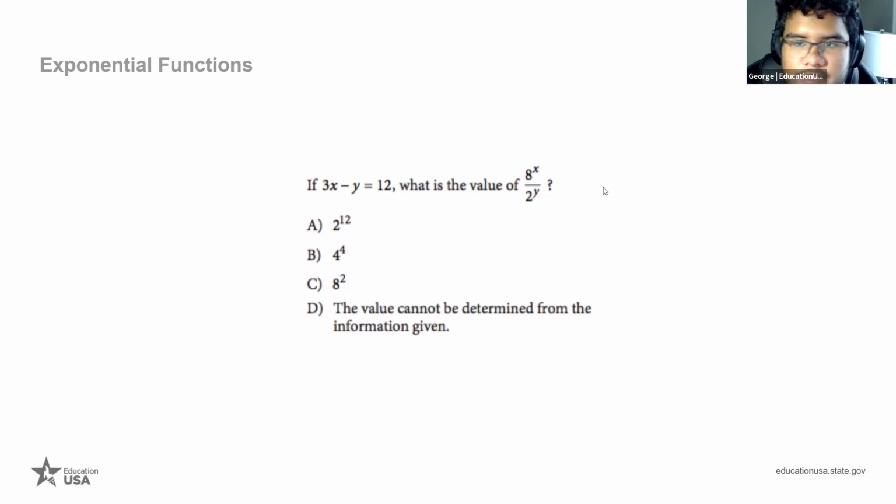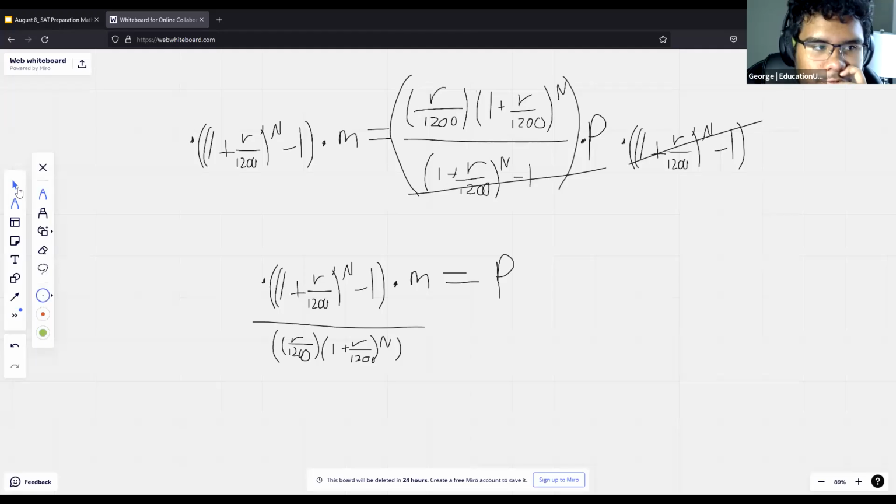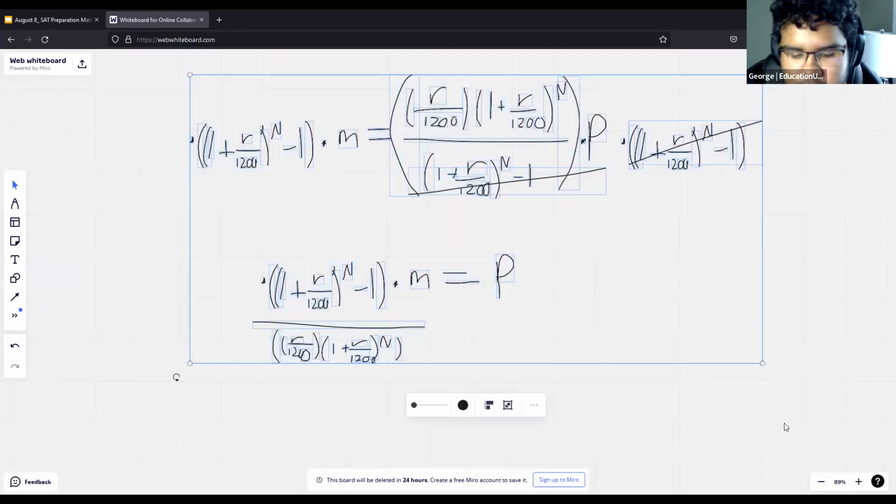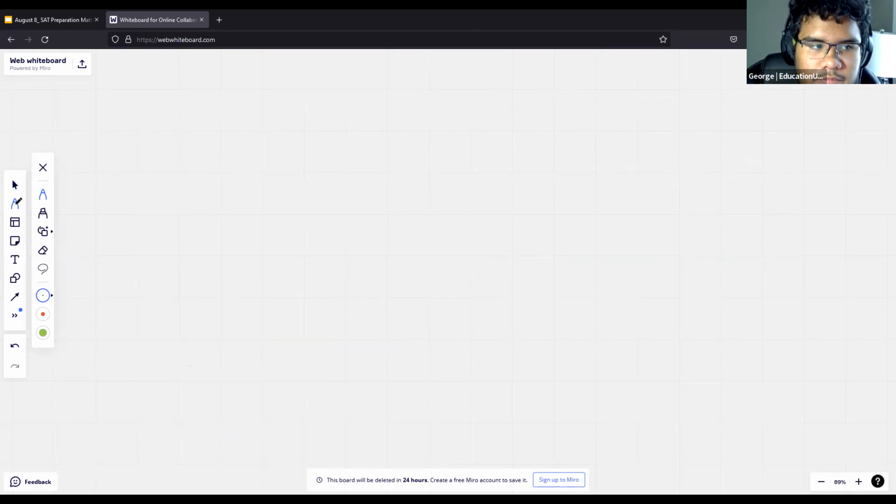I'll go ahead and explain this because it might be a little tricky if you don't know exactly what you're looking at here. The correct answer here is A. So let me go ahead and explain why it's A. Let me just clear this and we'll get started.